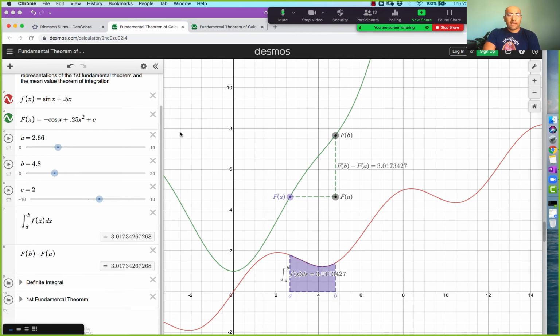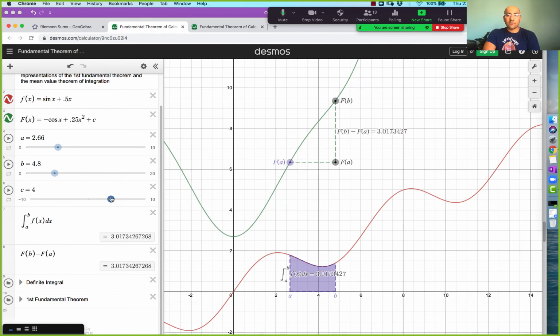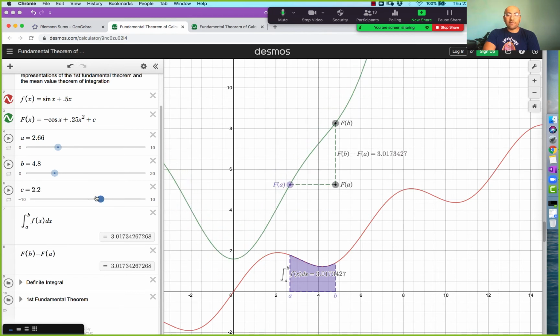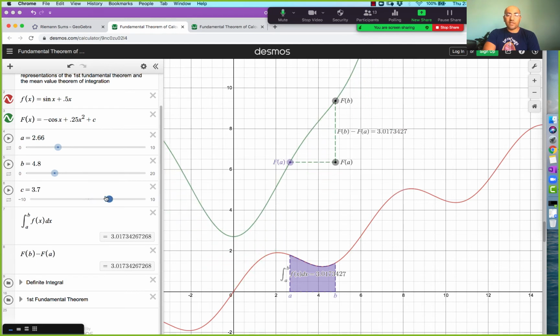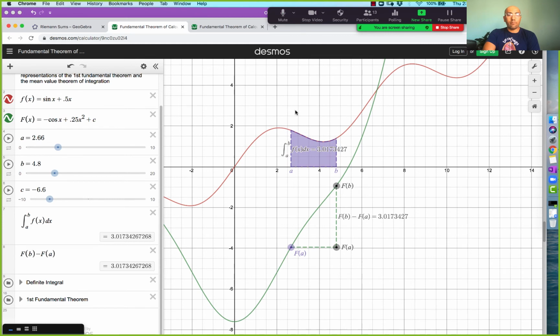And again, pointing out that this constant at the end here won't matter. If I shift that up and down, I still get the same answer. The 3.017 doesn't change. It stays the same no matter where I put it. I can make a negative 6.6 constant that brings that antiderivative function way down here, and the gap stays the same.